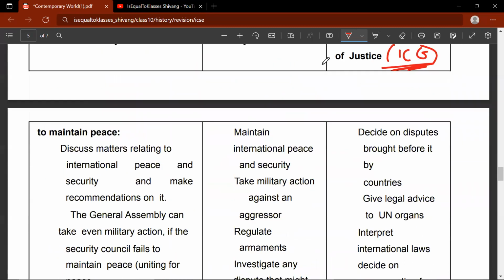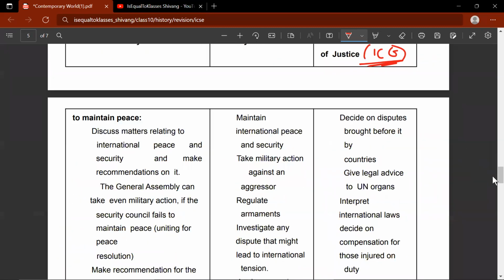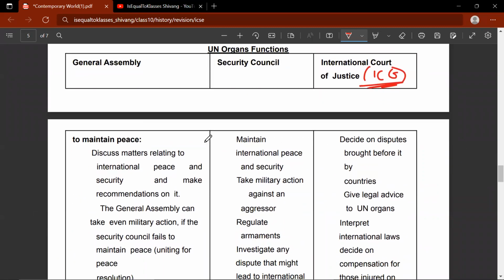Okay, I'll just zoom out a bit so that you can see the whole thing properly. General Assembly: to maintain peace, just label these as points. Discuss matters relating to international peace and security and make recommendations on it.